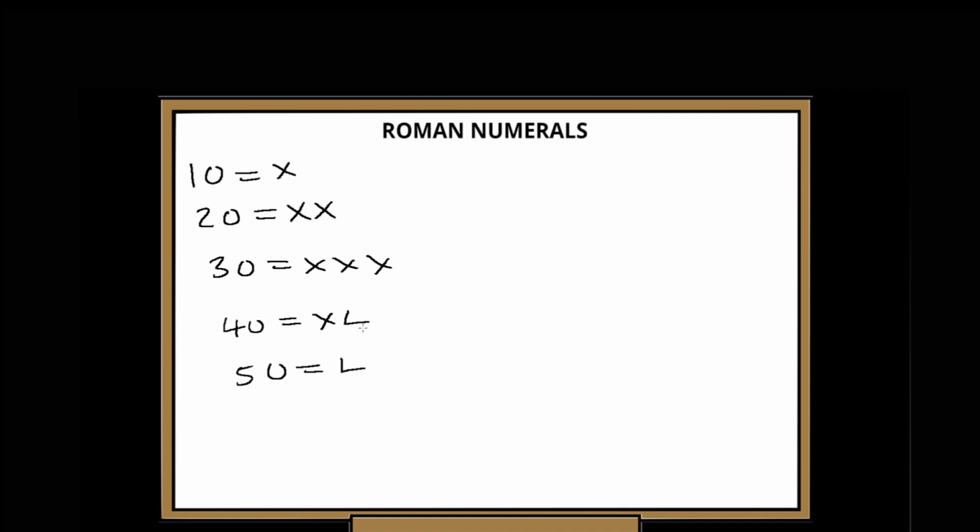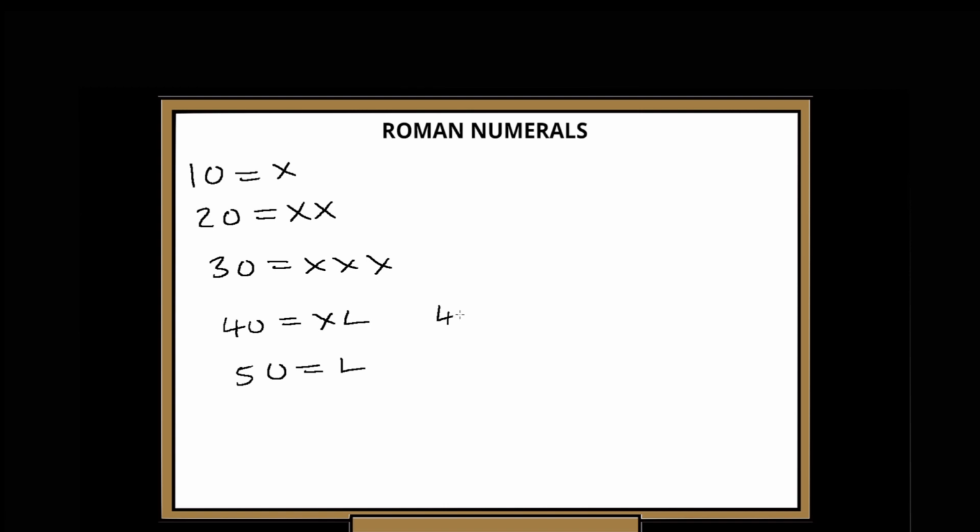If you notice, our 40 has XL. Remember, I told you that when a smaller number comes before a larger number, you have to minus the smaller number from the larger number.